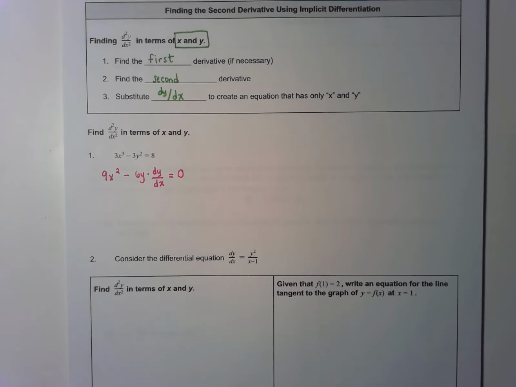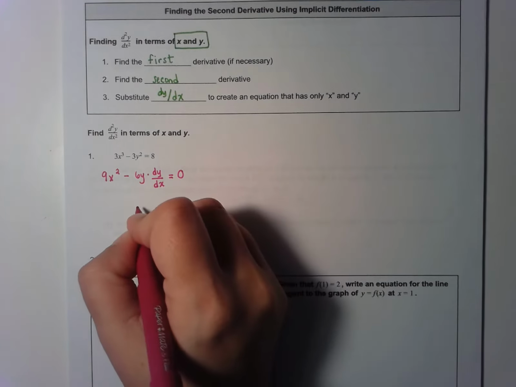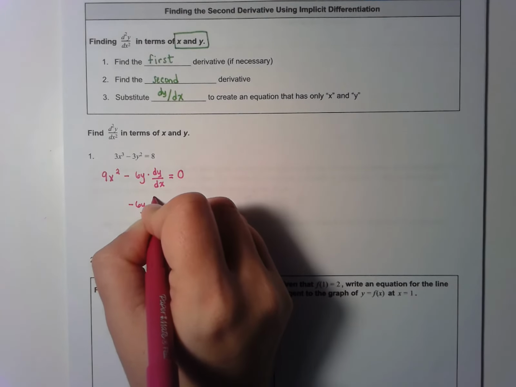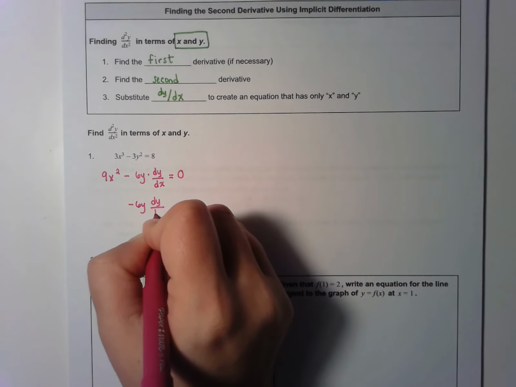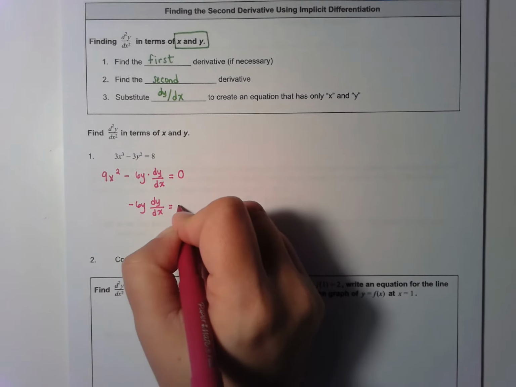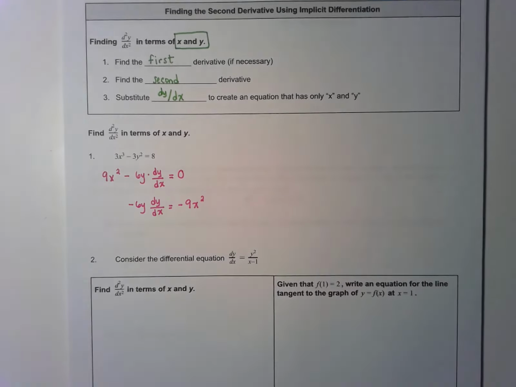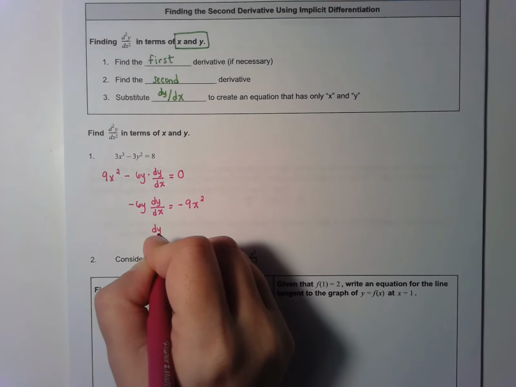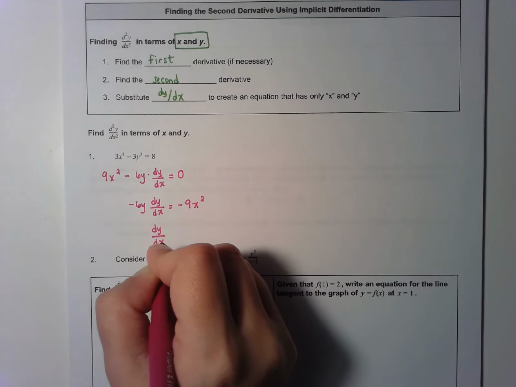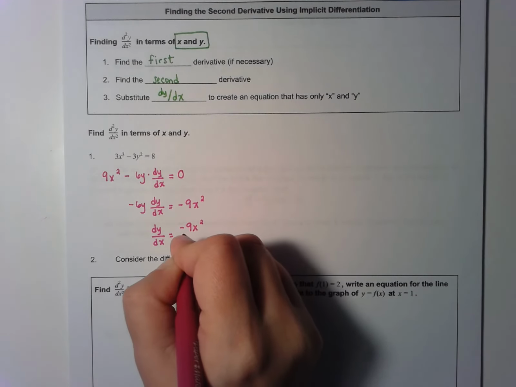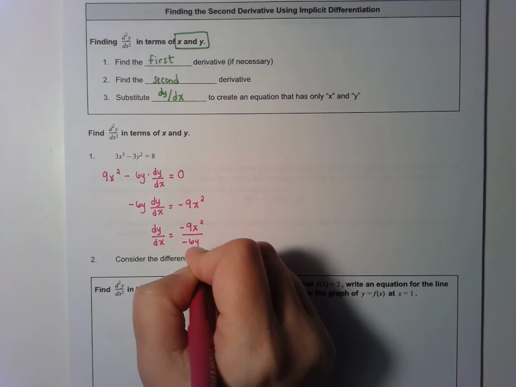Once you've got that figured out, our next step is to get dy over dx by itself. So I'm going to start by subtracting the 9x squared, which means I have negative 6y times dy over dx equals negative 9x squared. And then I would divide by negative 6y, so dy over dx equals negative 9x squared divided by negative 6y.